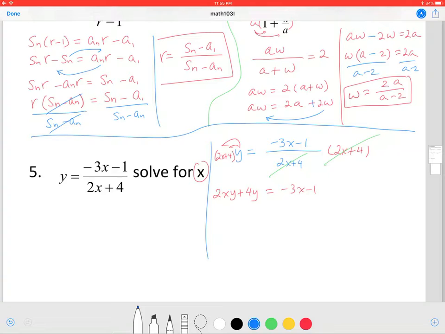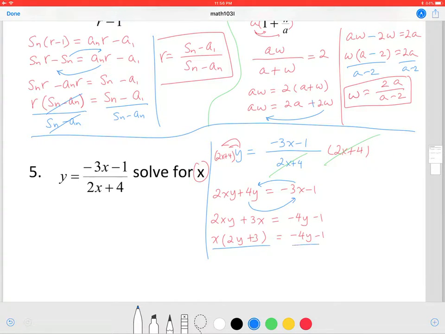So I'm going to move this term to the left, 4y to the right, and that will give me 2xy plus 3x is equal to negative 4y minus 1. I did that so that I can now factor out x. That will give me x times 2y plus 3 is equal to negative 4y minus 1.